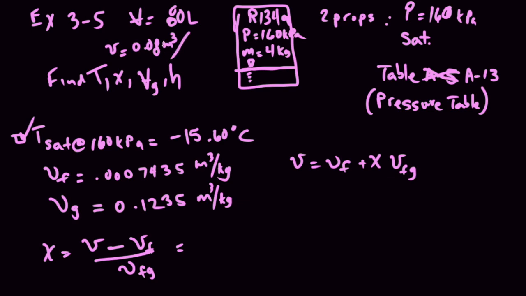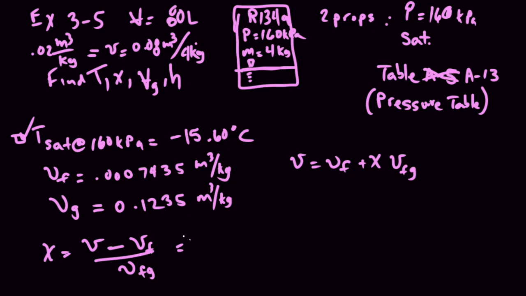This is the total volume of the tank, and if you divide by the mass, which is 4 kilograms, then 0.08 divided by 4 kilograms is equal to 0.02 meters cubed per kilogram. So that's our V here.